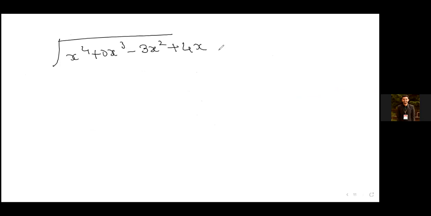And now you can divide x to the power 4 plus 0x cube minus 3x square plus 4x plus 5 by x square minus x plus 1.